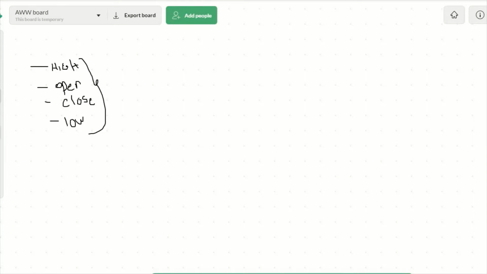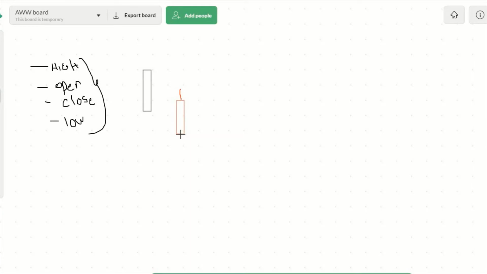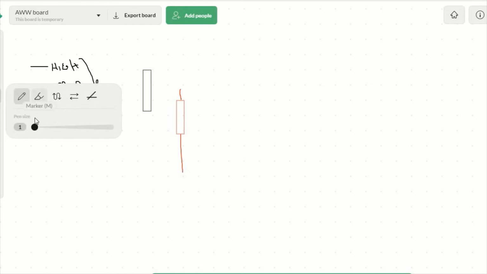So let's say we have a red candlestick, and this one is the green one. Red, a long wick.